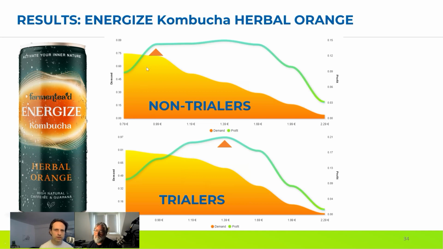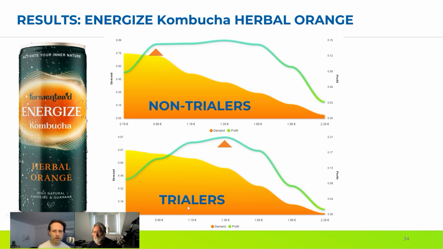So this is how it looks like. For non-trialers, the optimal price is quite a flat line. But basically, as a new brand, you want to win new customers as much as possible, but also you want profits, right, to finance all that. So the optimal price is here 99 cents.